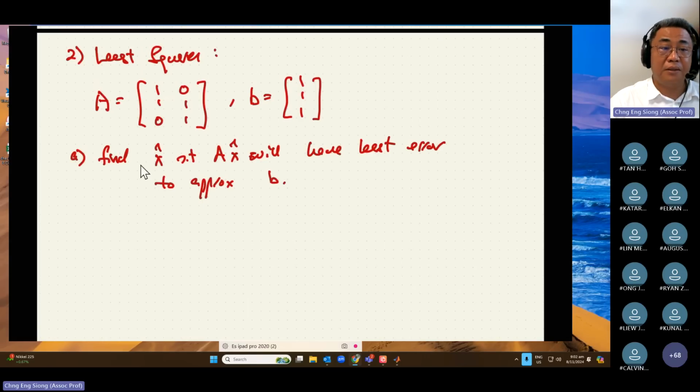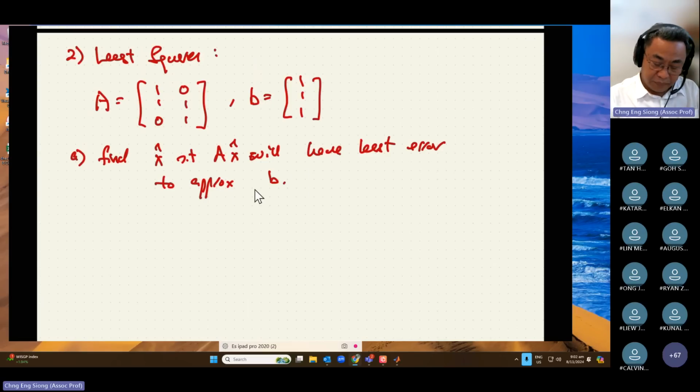Basically we know that this column b is not in the column space of A. Therefore, Ax will never equal b. So we're asking you to find the least squares solution. That's the easiest one, right? And you should take within 1 or 2 minutes to get it done.